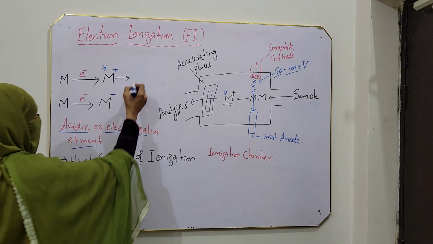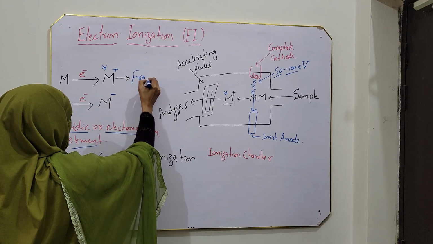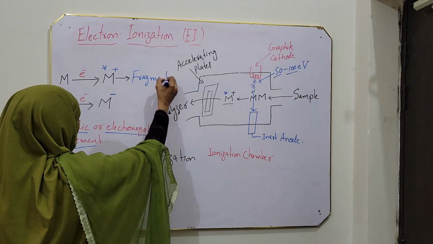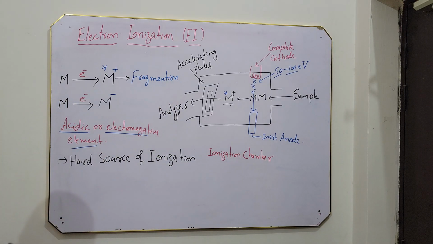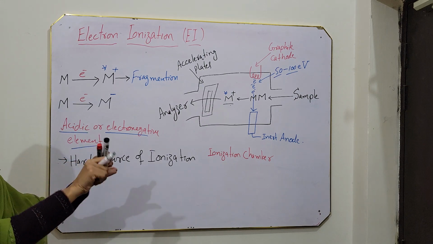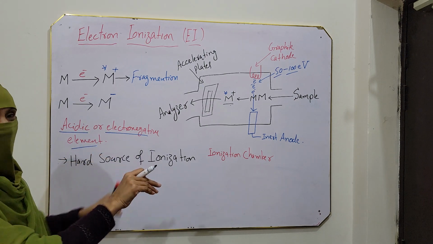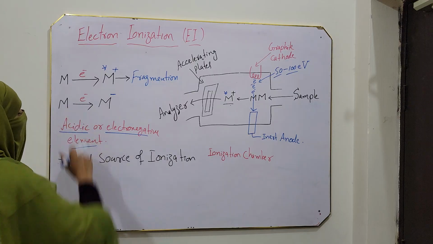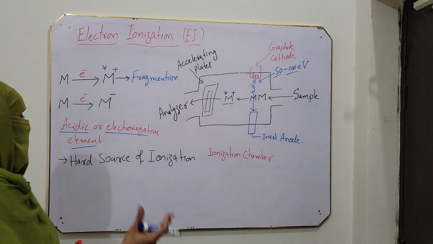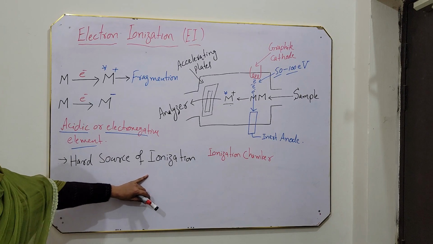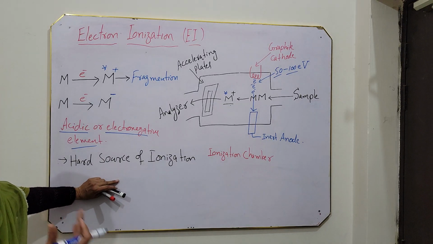The sample further gets fragmented. It means fragmentation of the sample occurs. The sample is not only ionized, it is also fragmented. It breaks down into its components due to the excess energy transferred by the electron. So electron ionization is called a hard source of ionization just because of its high energy.